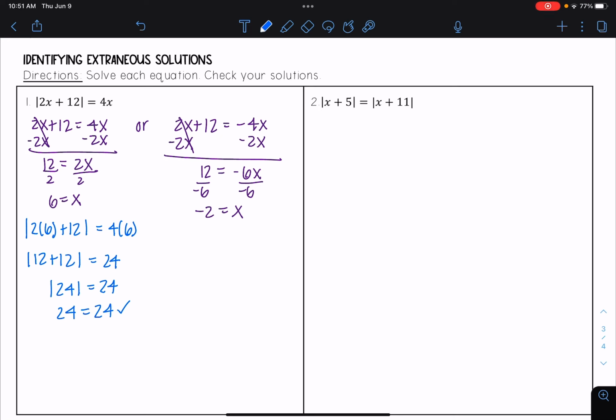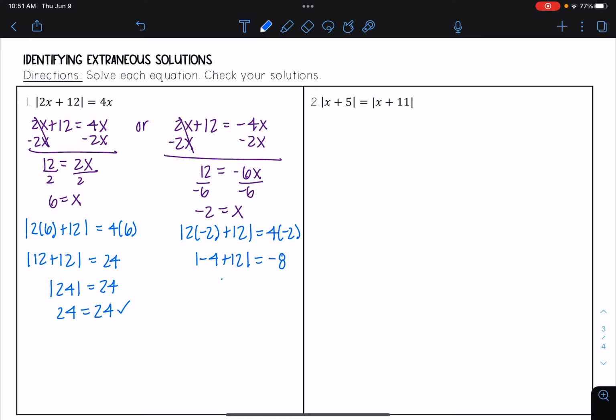Now let's try plugging in x equals negative 2. So I have the absolute value of 2 times negative 2 plus 12 is equal to 4 times negative 2. 2 times negative 2, I get negative 4 plus 12. 4 times negative 2, I get negative 8.